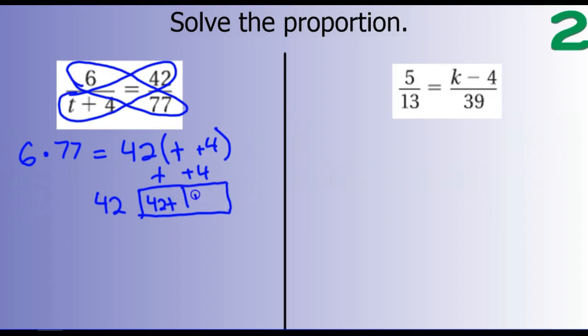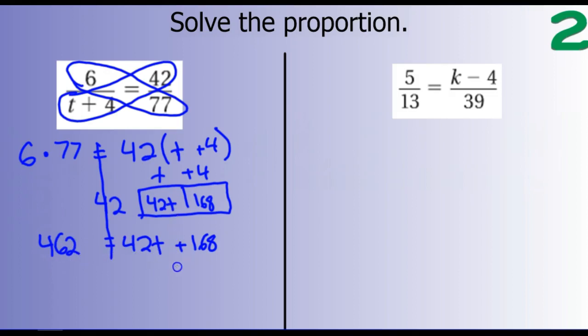Yep, 168. And 6 times 77 equals 462. So we have 42t plus 168 equals 462.